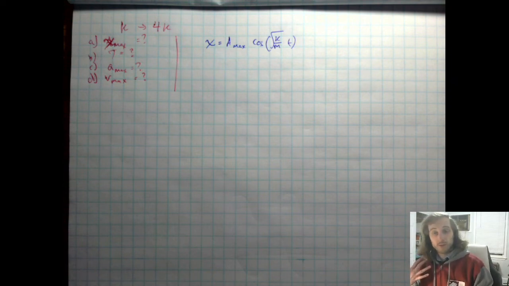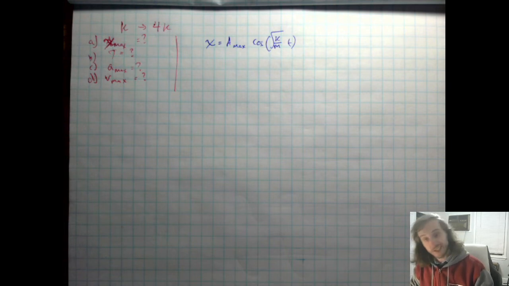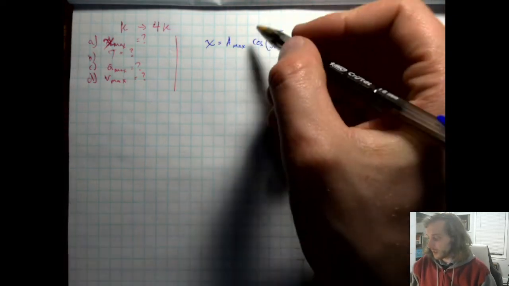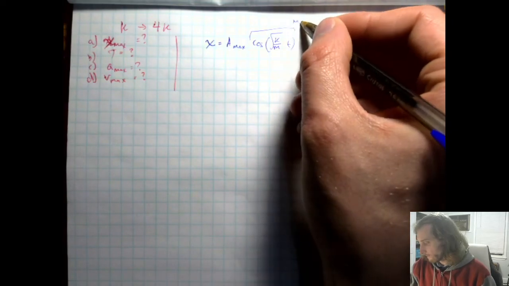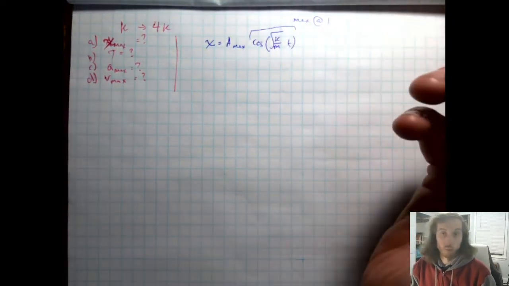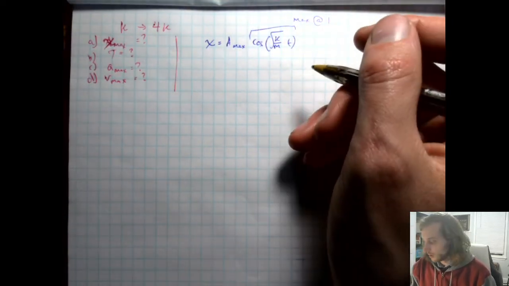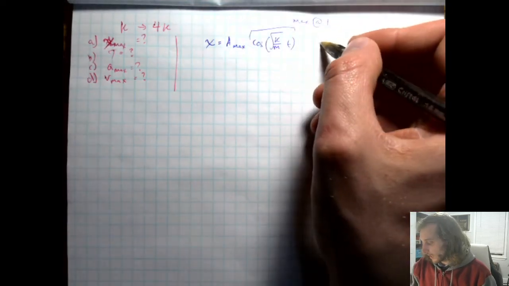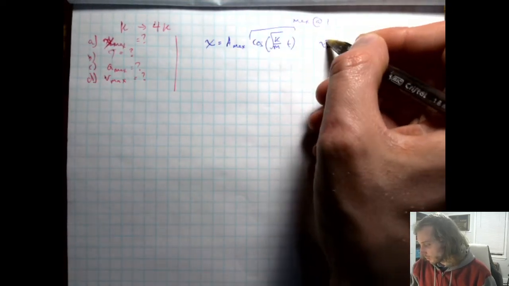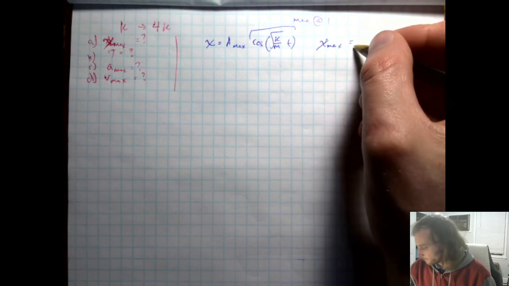Well, if we multiply k by 4, what happens to our maximum? Well, the inside of the cosine function doesn't change how big a cosine function can get. The biggest the cosine function can get is 1 or -1. So our x max is going to occur when our cosine function is equal to 1.